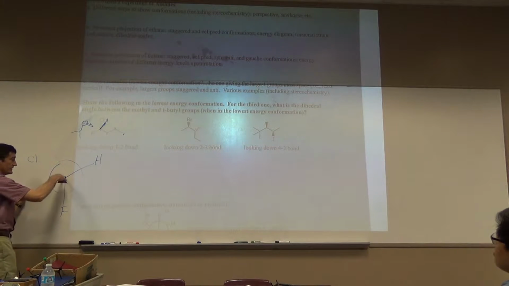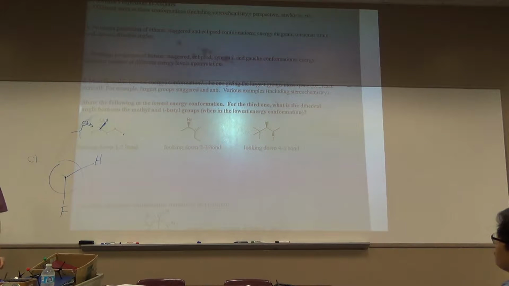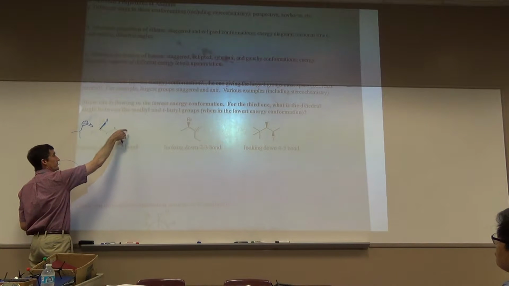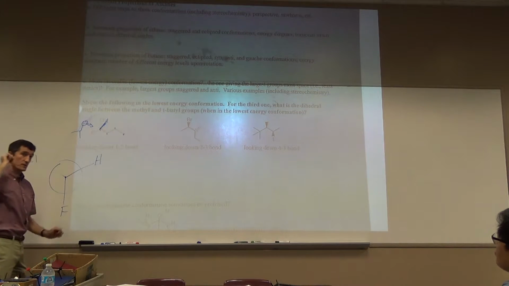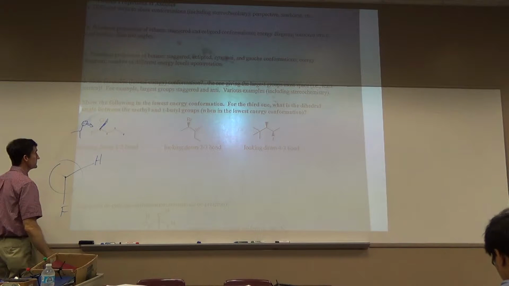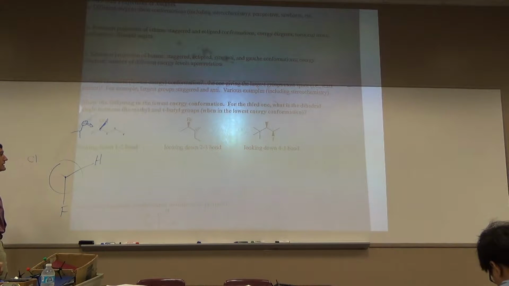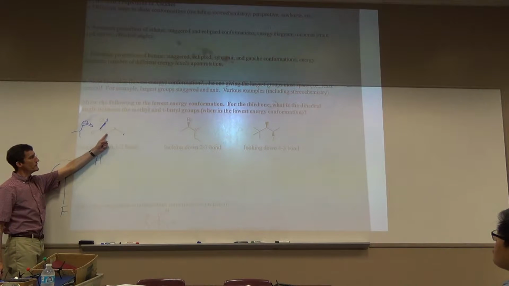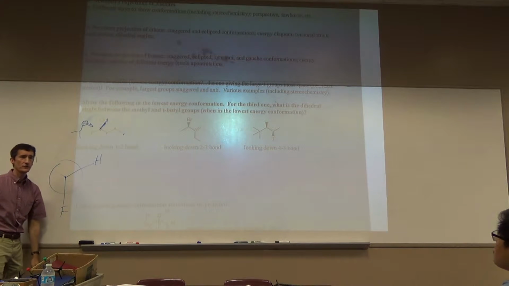Now, carbon 2 is back there in the back. What are the 3 things on carbon 2? There's carbon 3 and there's an ethyl on carbon 2. What else is on carbon 2? 2 hydrogens. Okay. On carbon 2, the bond to carbon 3, how is it projected?